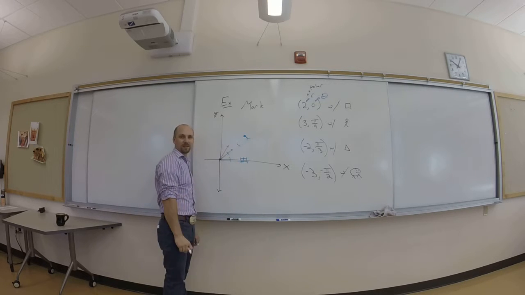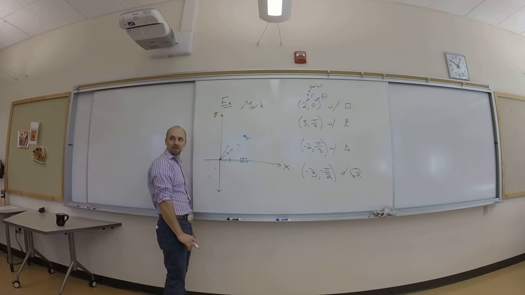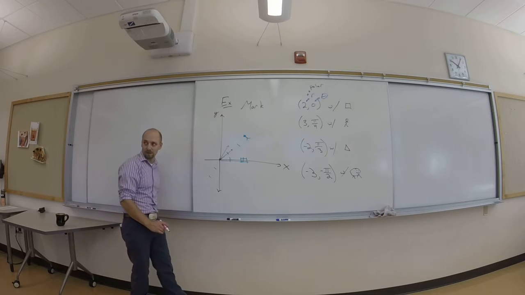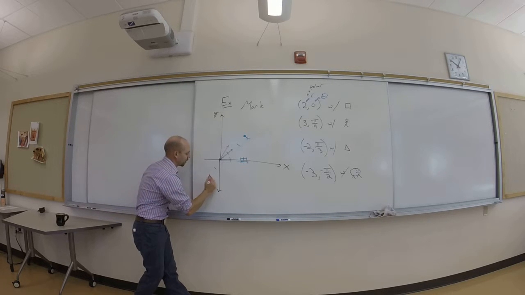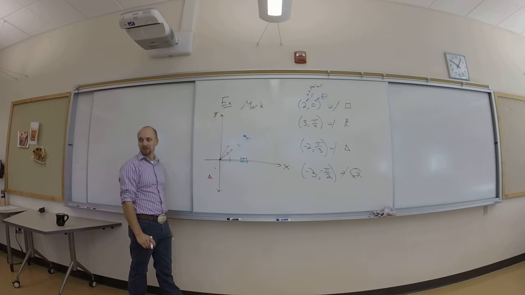Something like this. And I need to go -2, so I'm going to go back 2. So 1, 2. You guys with me on this? And I need to put my little triangle there. You guys all see that?